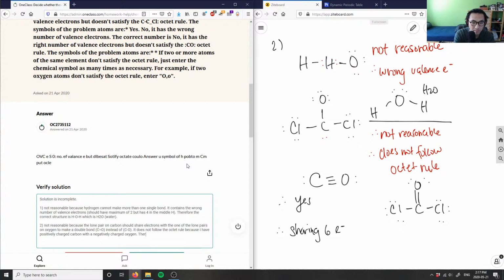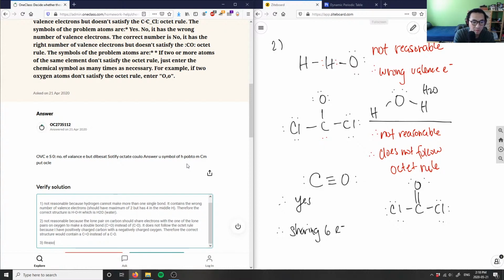Therefore, the correct structure would contain a C double bond O instead of a C bond O here.